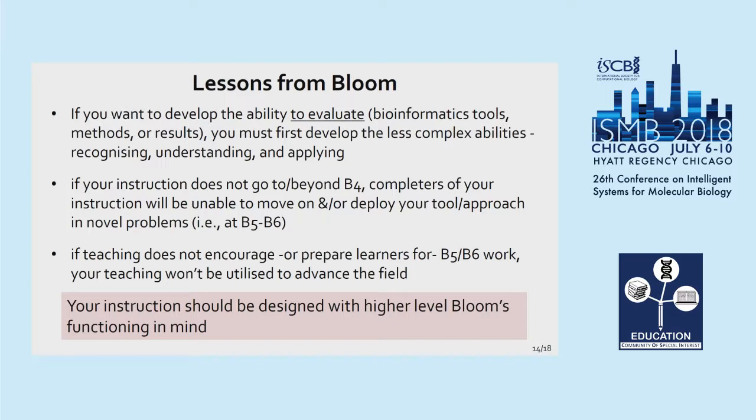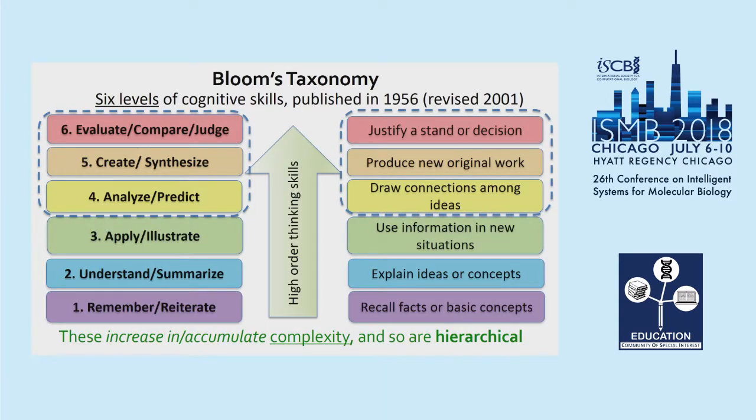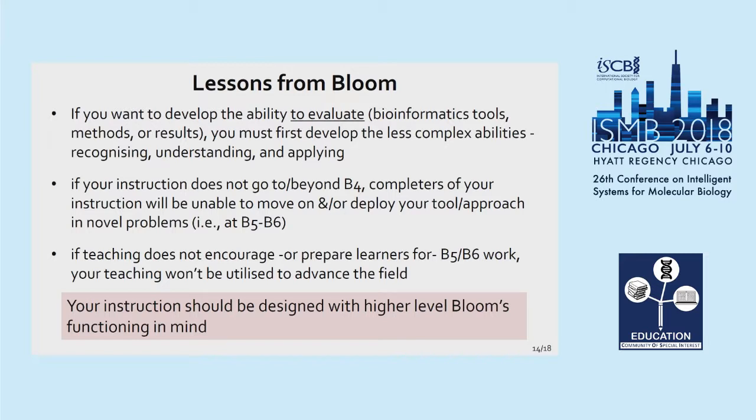But if your instruction does not go beyond level 4, you remember level 4 is at least analyze or create and evaluate, basically your students won't be able to deploy the tool that you taught them in novel problems. The idea is that science or interesting things happen at levels 4, 5, 6.